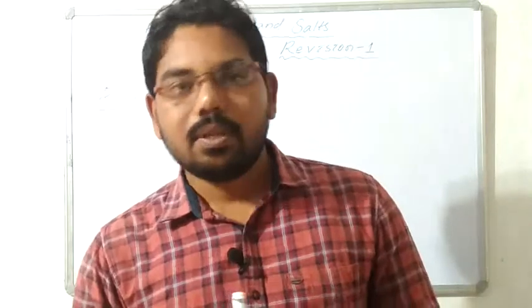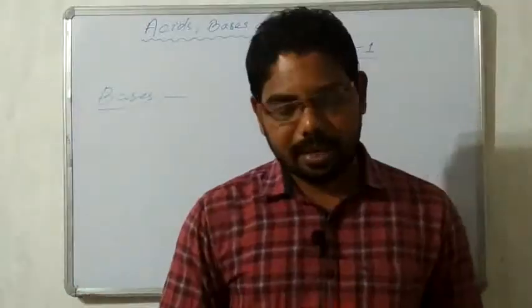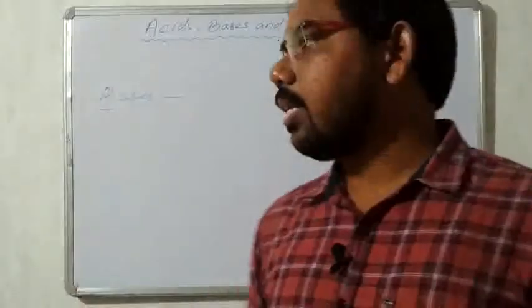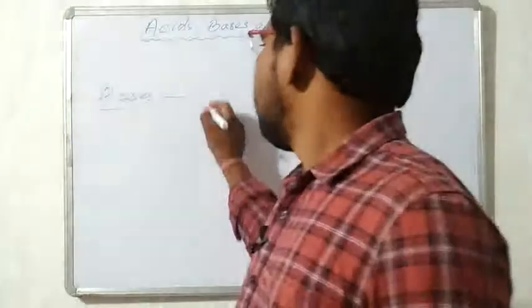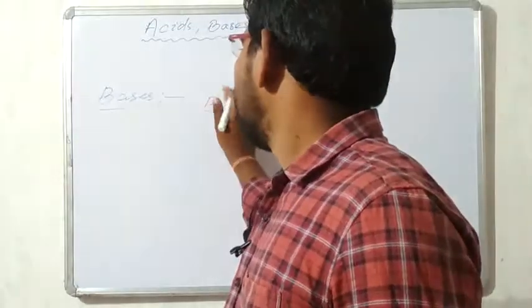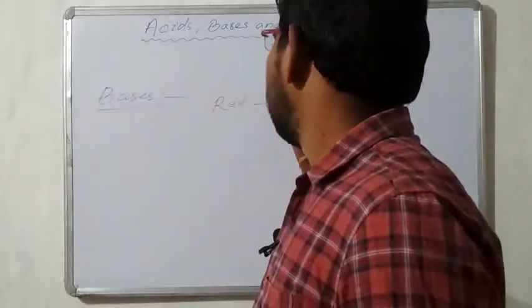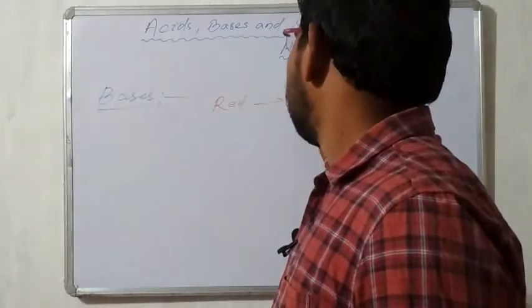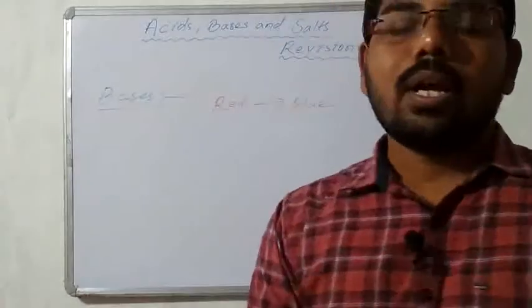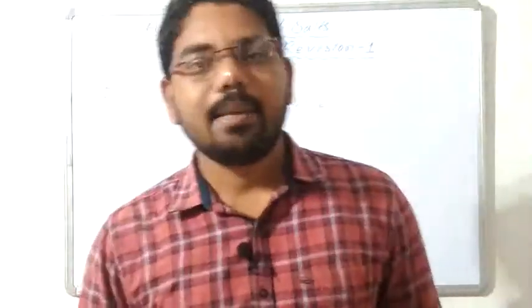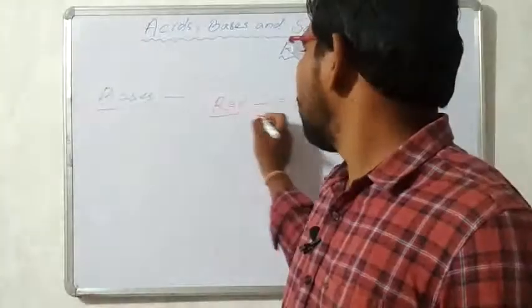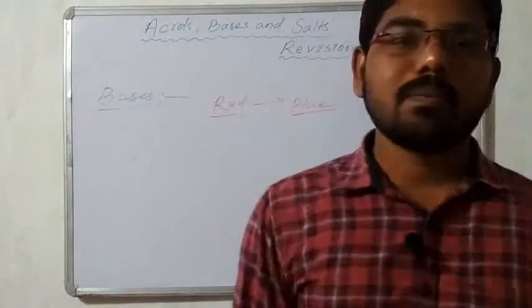These are also examples of bases. Next, how bases change litmus papers: they change red litmus paper into blue in color. If a substance is basic in nature, it can change red litmus paper into blue.